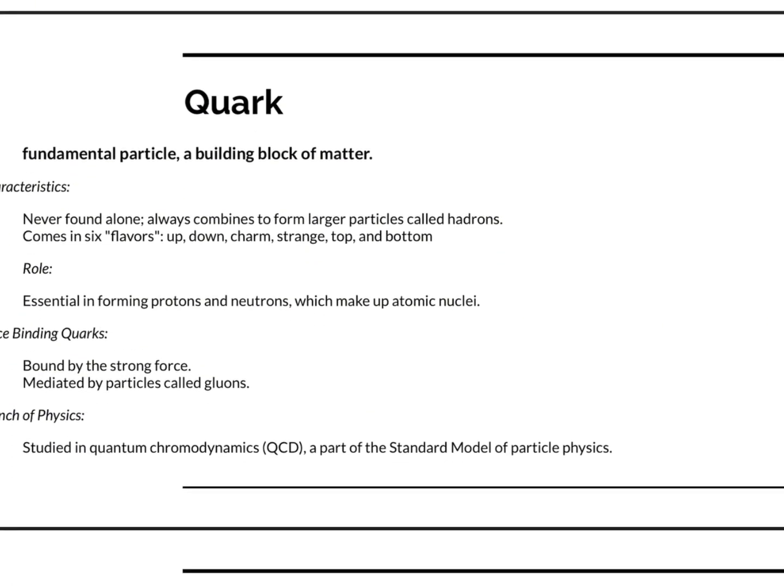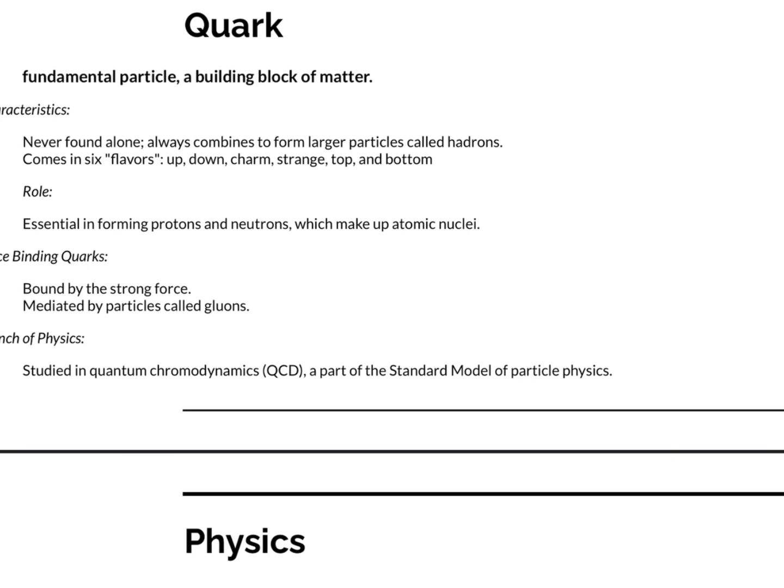What is a quark? A quark is a fundamental particle, a building block of matter. Characteristics: never found alone, always combines to form larger particles called hadrons. They come in 6 flavors: up, down, charm, strange, top, and bottom. Role: essential in forming protons and neutrons, which make up atomic nuclei.